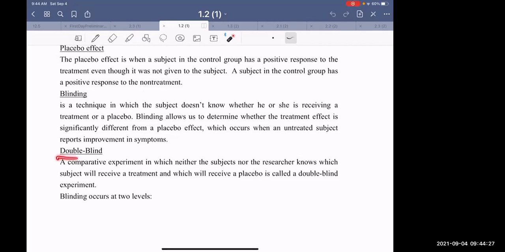That is called a double-blind experiment. A triple-blind experiment is when the subject, the researcher, and the analyst, the statistician who analyzes the data, also do not know if the subjects are in the control group or the experimental group.